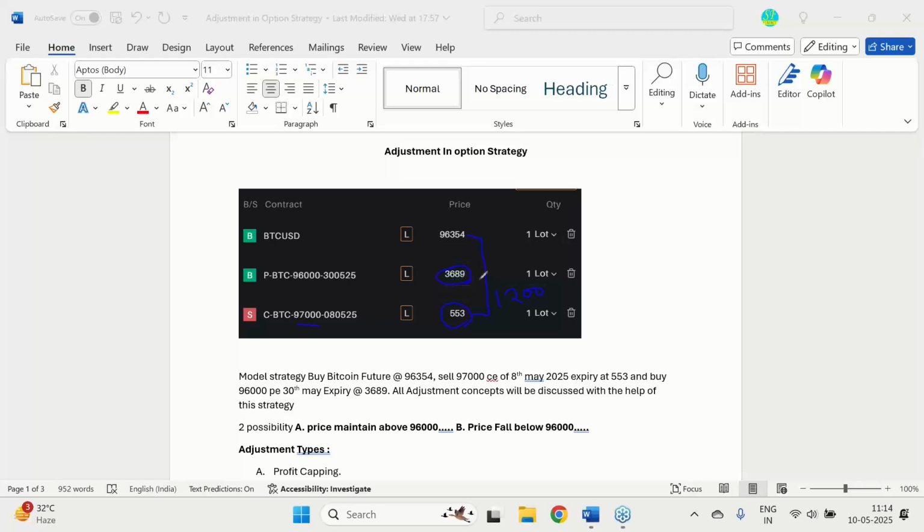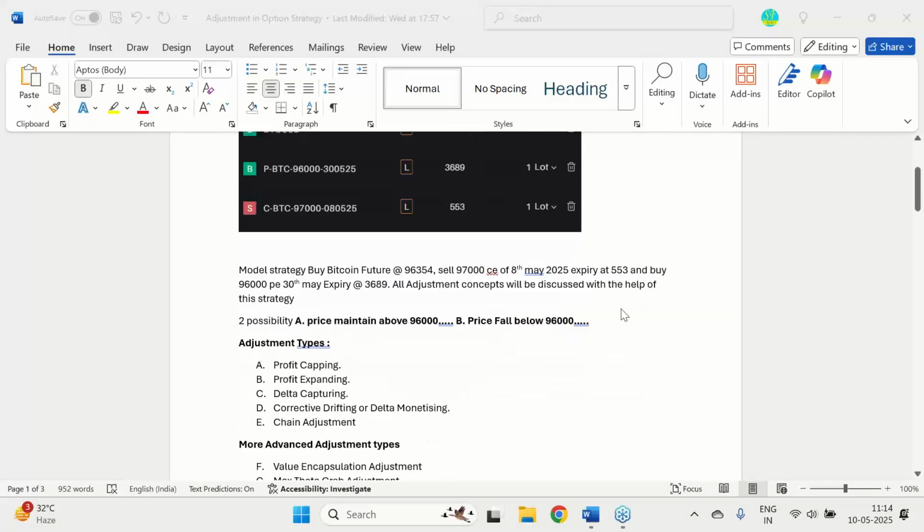And this 3,689 is full theta, so that will be a loss factor. As every day proceeds, if I manage to get this 1,200 out of that, with 500, 600 or 800 on average, then after a couple of days of continuing the strategy, I can recover the cost of the put option. So this is just a simple strategy, just to understand what an adjustment is.